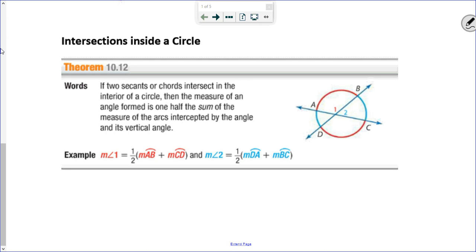So let's take a look at this example. We're looking at angle 1. The measure of angle 1 is equal to 1/2 the measure of arc AB.